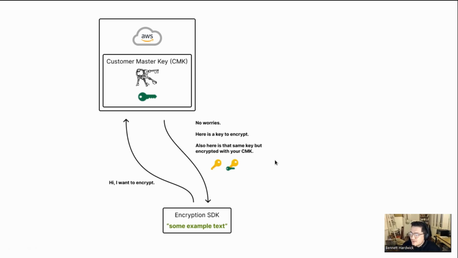If you have a look at these 2 keys here, you can see one of them is the data key, this little yellow key here, which is the data key that was mentioned in the docs before. And then there's this other key, called the encrypted data key. Actually, it depends who you ask. AWS calls it the encrypted data key, but Google Cloud KMS calls it the wrapped data key or the wrapped data encryption key. There's a bunch of different names, but I'll call it the encrypted data key.